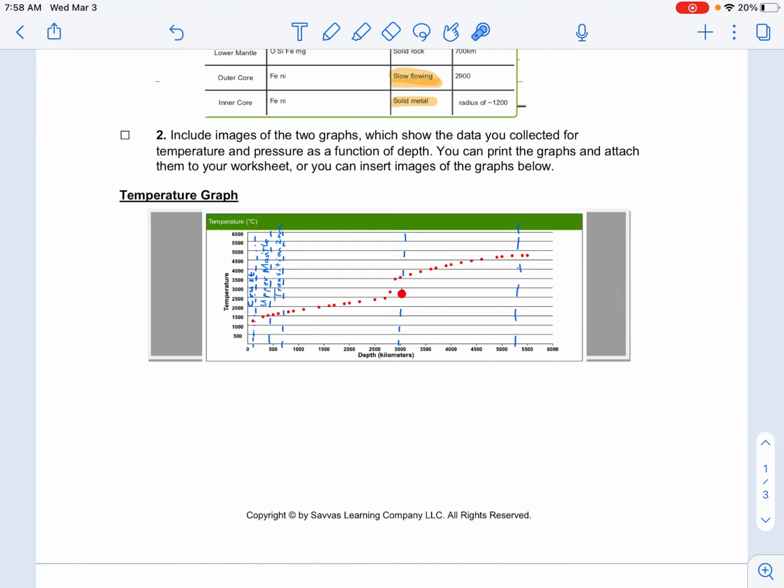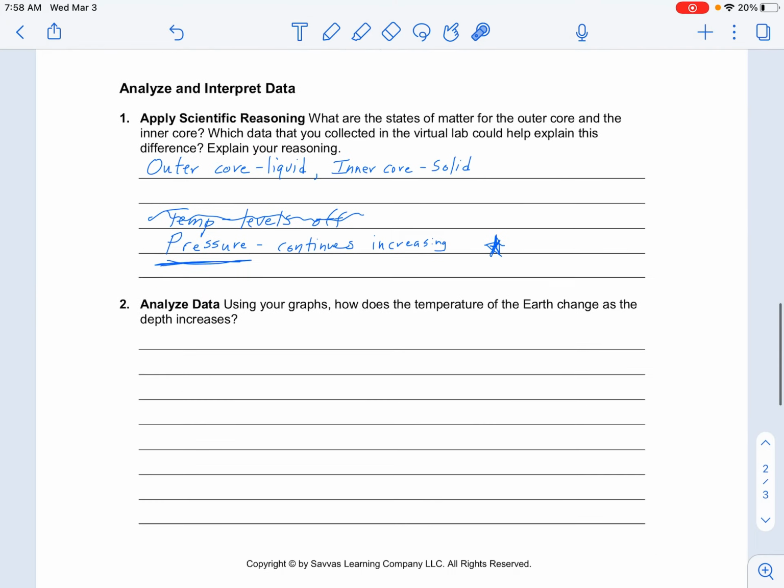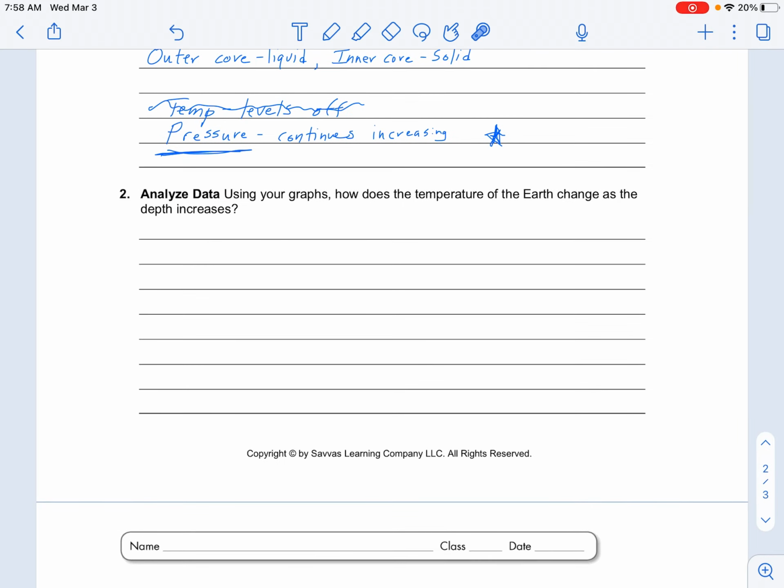That was the one that we were looking at here in the graph. So that's going to be some help for you for number 2. Okay, it increases, but there's a bigger jump in between the lower mantle and the outer core.